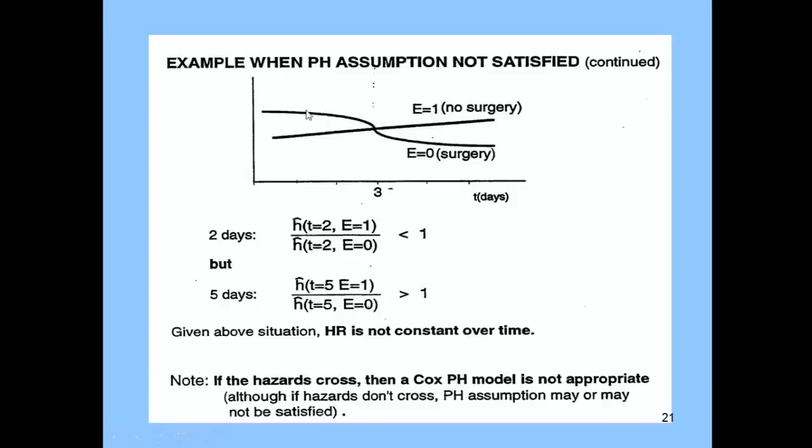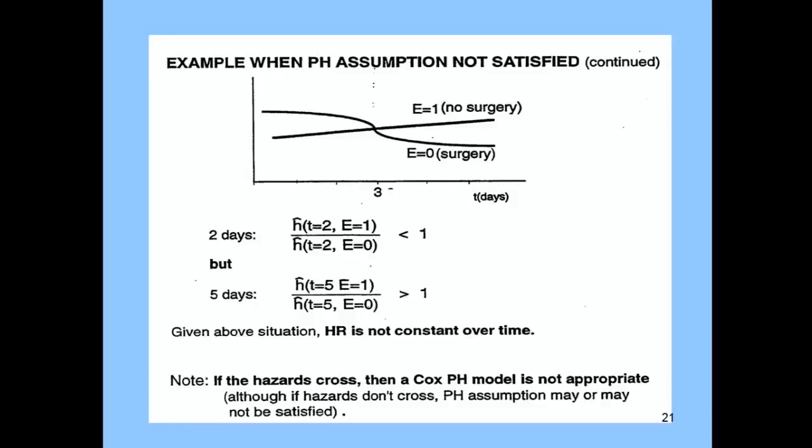Because the no surgery hazard is higher than the surgery hazard. But the hazard ratio at 5 days, after you got over the surgery, is greater than 1. So this would not be a situation where you could use the Cox proportional hazard model. Clearly, if the hazards cross, the Cox proportional hazard model is not appropriate.